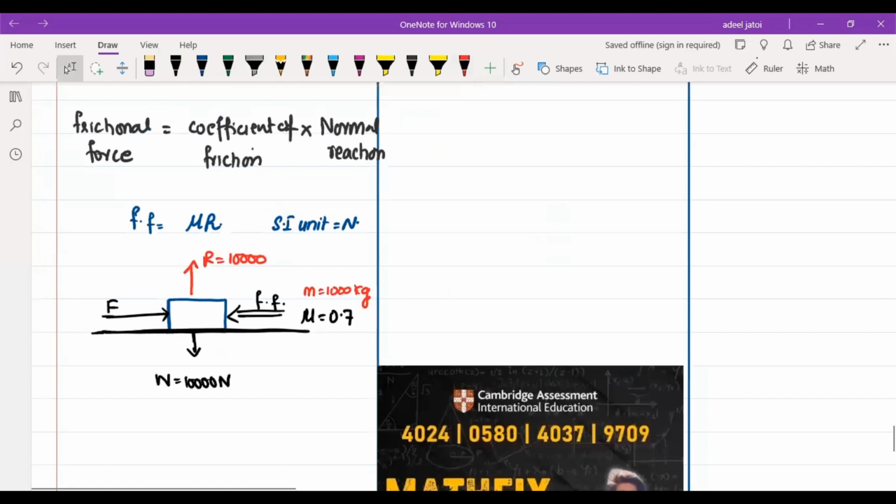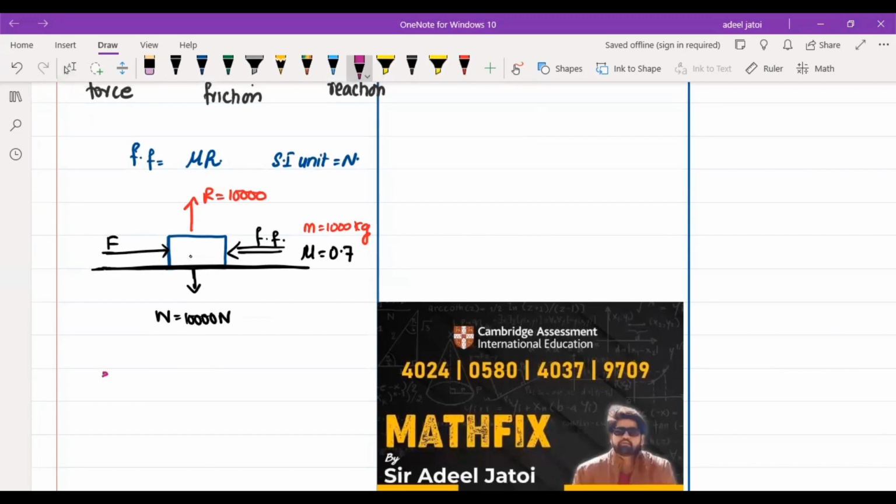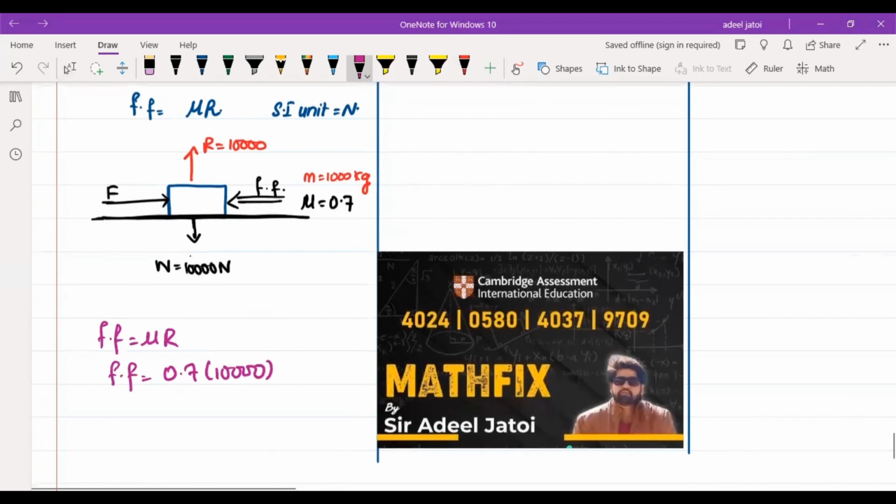So you agree that whenever we need to find the frictional force, we need to understand that it is the coefficient of friction, which is 0.7, times the normal reaction, which is always perpendicular to the plane, which is 10,000 itself. So the frictional force will be mu R, which is 0.7 times 10,000.